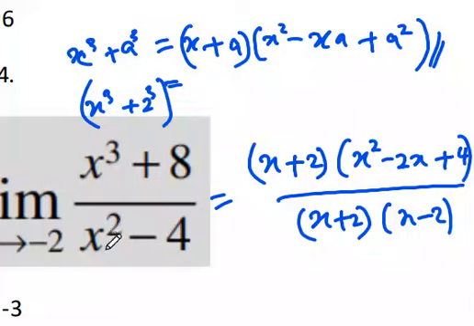And the denominator is very easy to factor: x plus 2 times x minus 2.